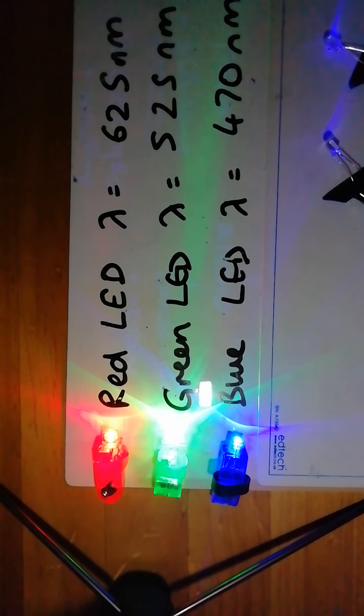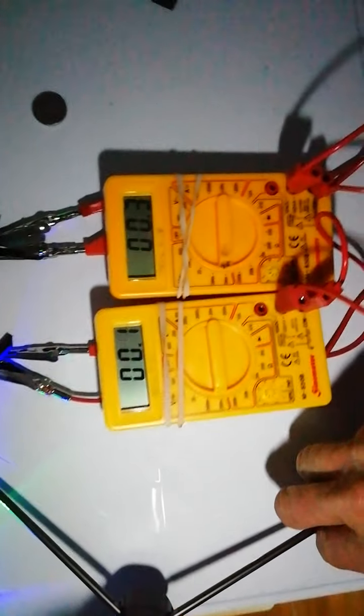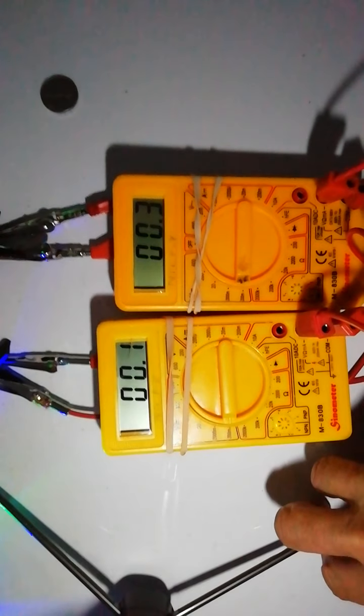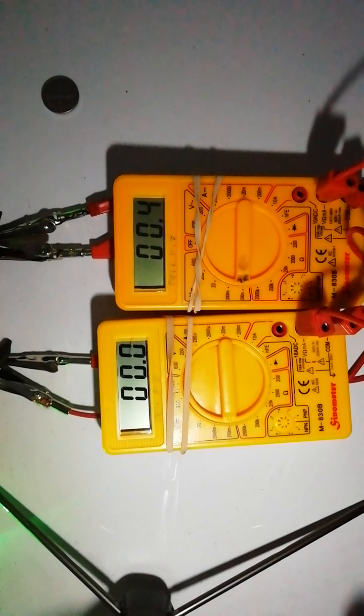So we're going to just quickly look at some experiments. Let's move this so that you can see the readings on these voltmeters. Just turn off the LEDs so that they're not going to disturb us. What I've got are two voltmeters. They are set, you can see, on the 200 millivolt scale.